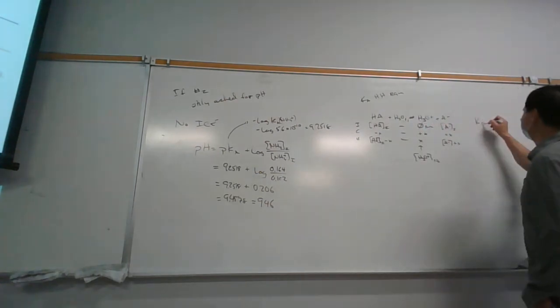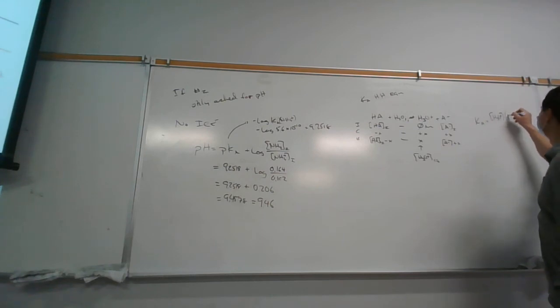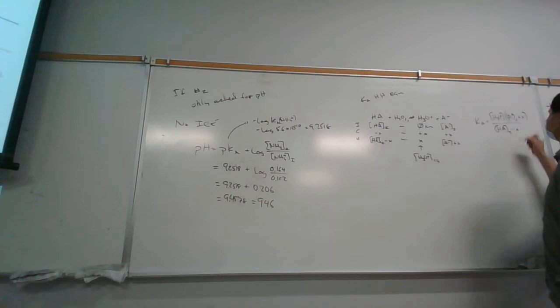And so the Ka is going to equal the hydronium at equilibrium times the A minus initial plus X, divided by the HA initial minus X.